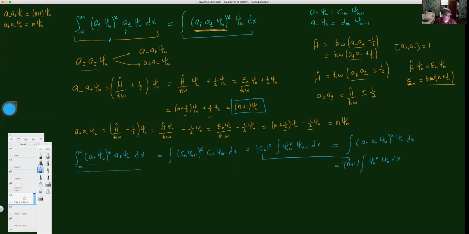Okay, so this tells me that Cn is equal to, sorry, the square root of n plus 1. If I say these two have got to be the same.